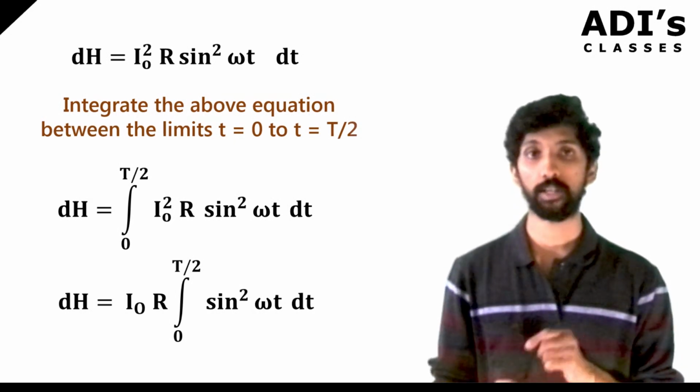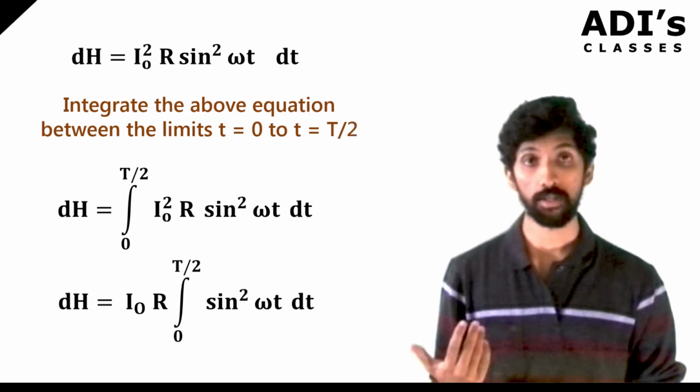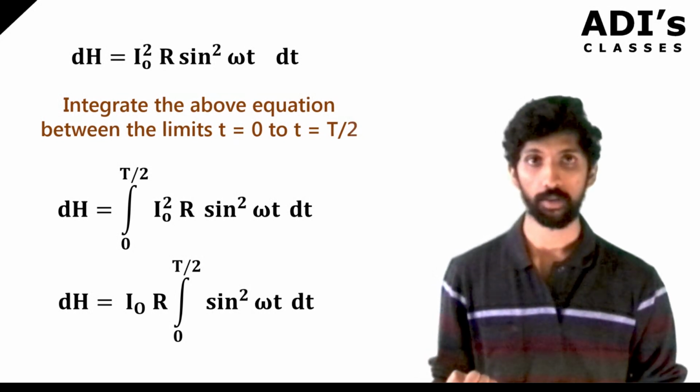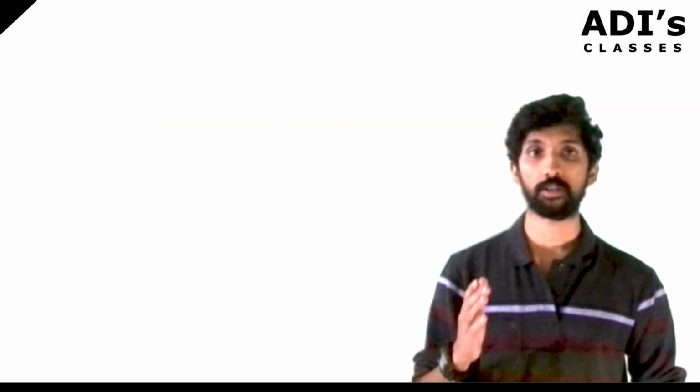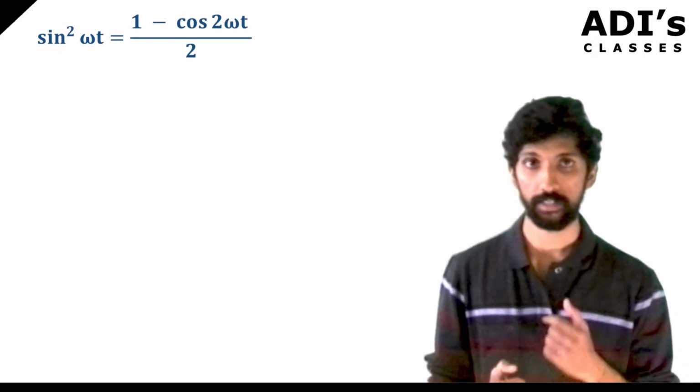Now to integrate sin²ωt, we need to convert it using the cos 2θ formula. So we have (1 − cos 2ωt)/2 and then we integrate that.